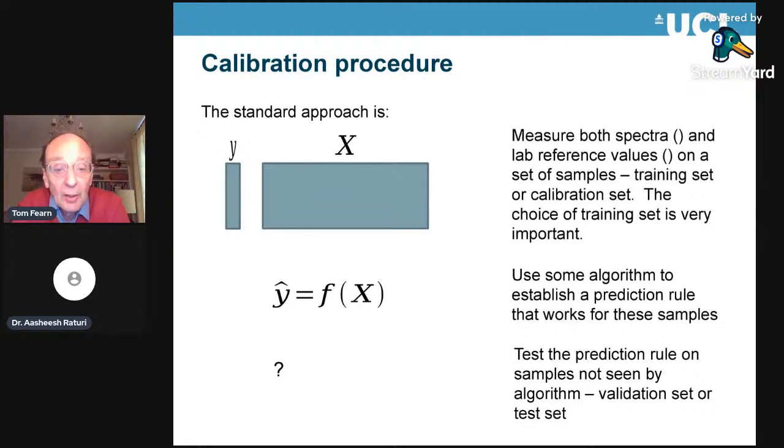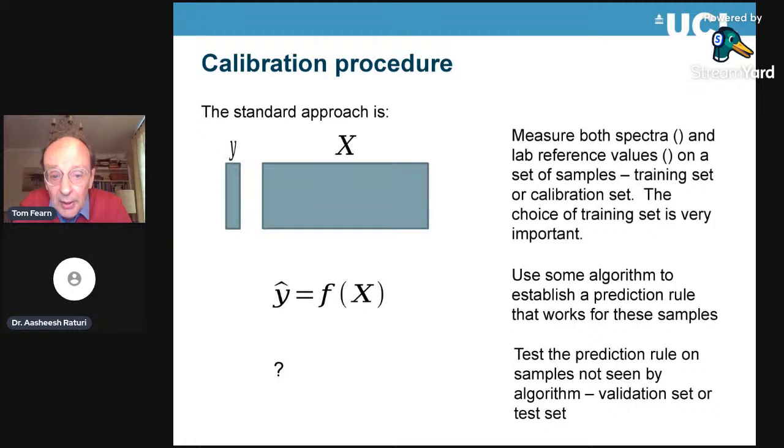It's working too well. So it's really important to keep some samples aside, or even better, go out after you've finished and get some more samples and test the rule that you've just developed. And if it works on those, then you might be reasonably confident that it's going to work on other samples.